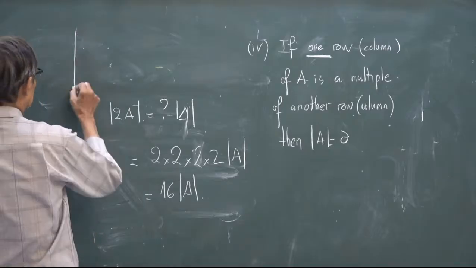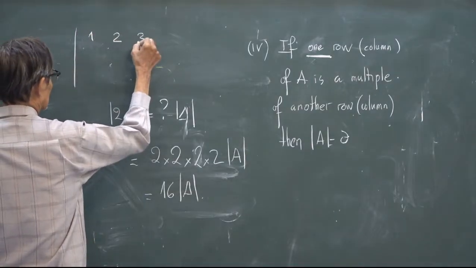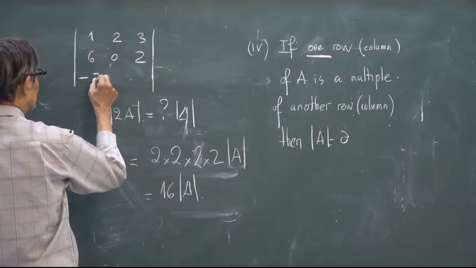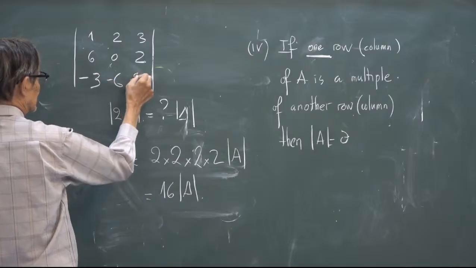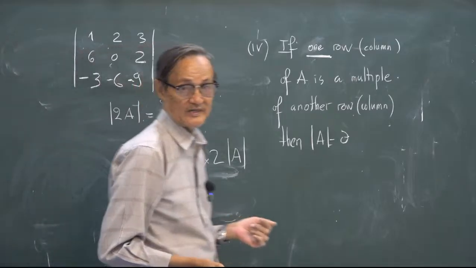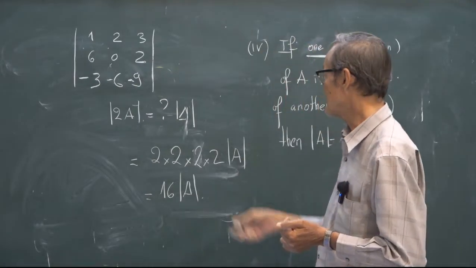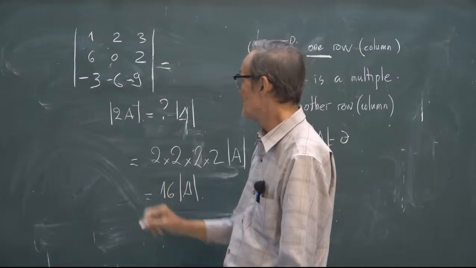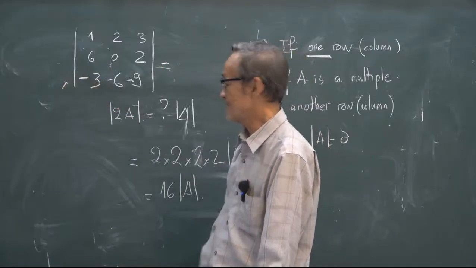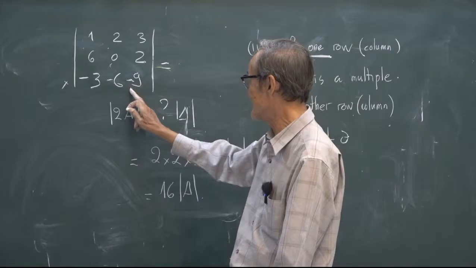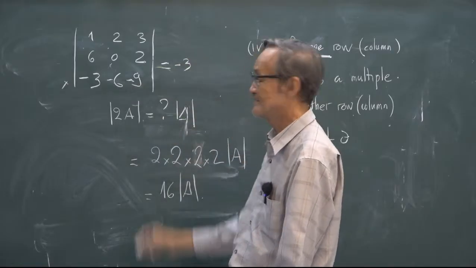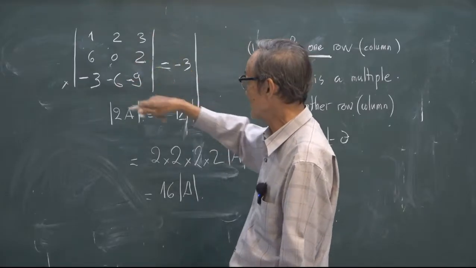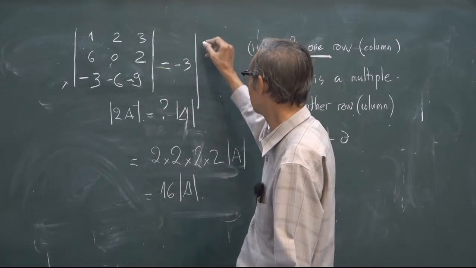For example, okay, consider this. Now we check the common factor of row 3. Common factor is -3. One row, not the entire matrix.